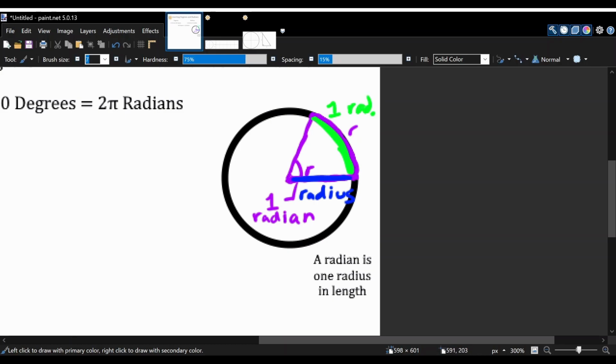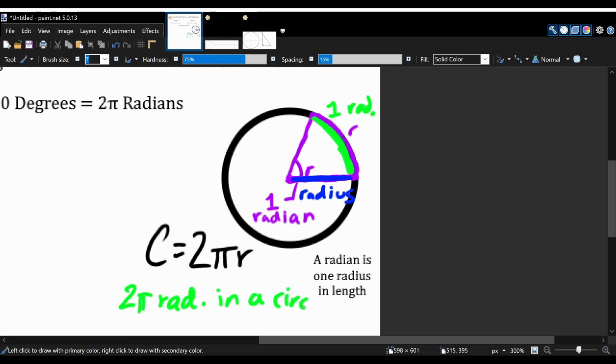And because the circumference of the circle is equal to 2 pi r, one circle has 2 pi radians in one circle.